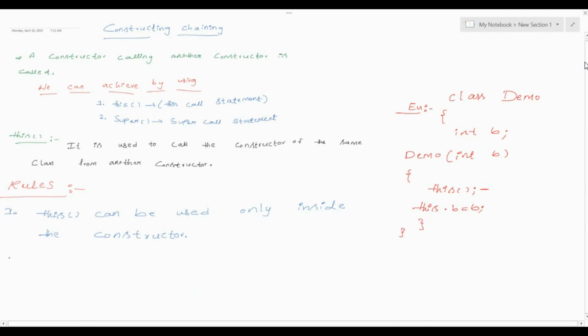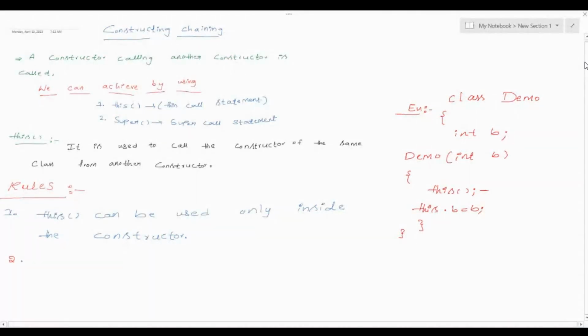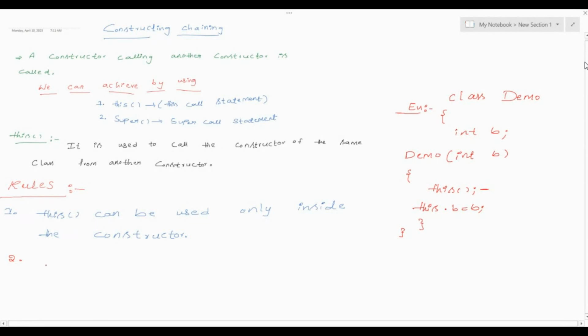So next point. This call statement should always be the first statement inside the constructor. So first point, we have to use this call statement inside a constructor. But wherever we want, we can't use. We have to use it as the first statement.